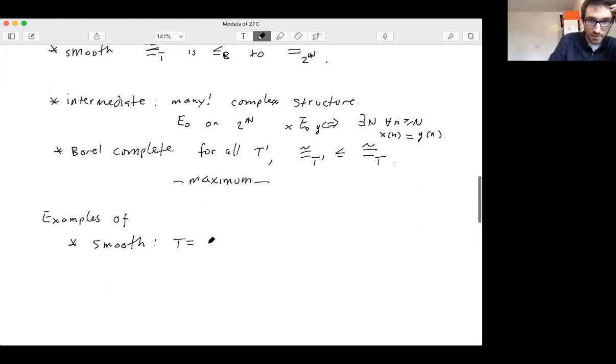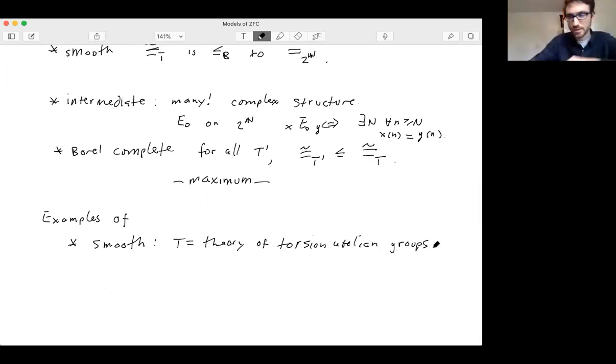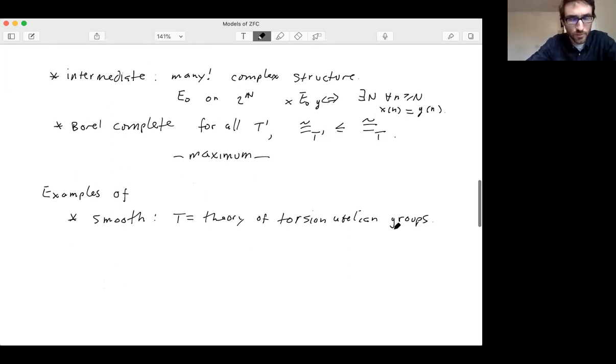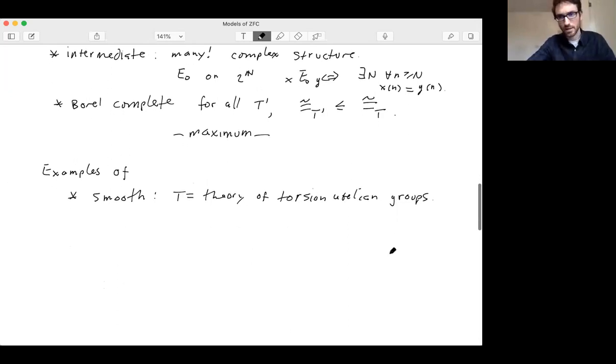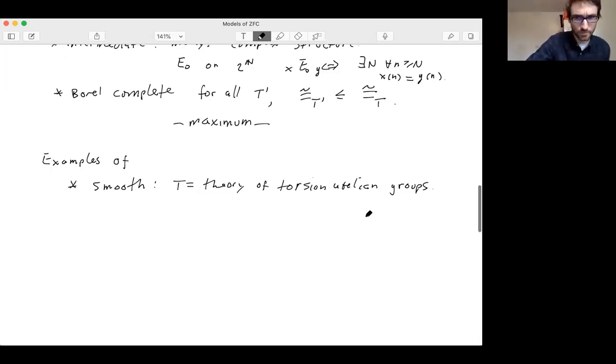T equals the theory of torsion abelian groups. So the countable ones, they're just the rationals, the group of rationals, the Prüfer groups and products of those. So they can be classified completely in a natural way.